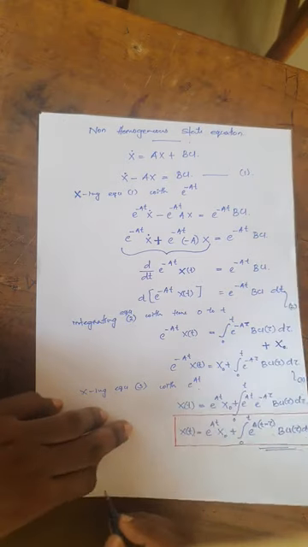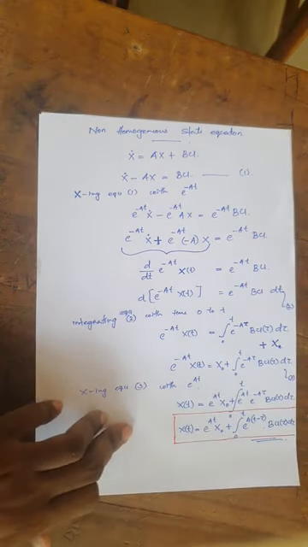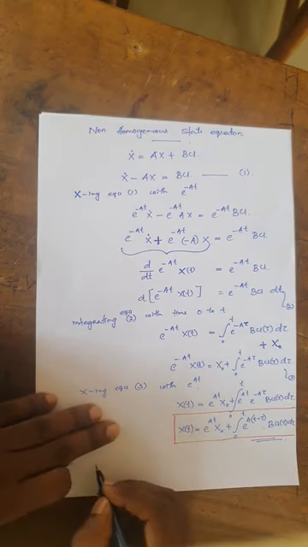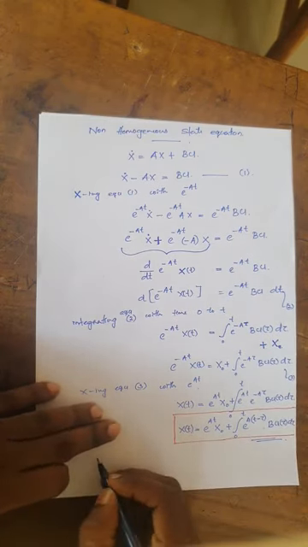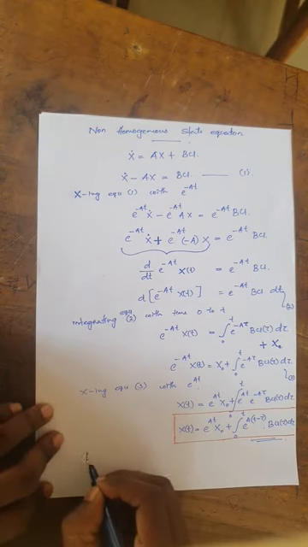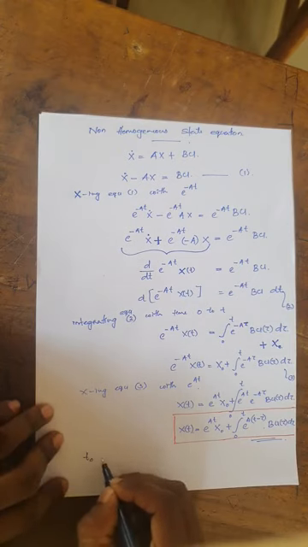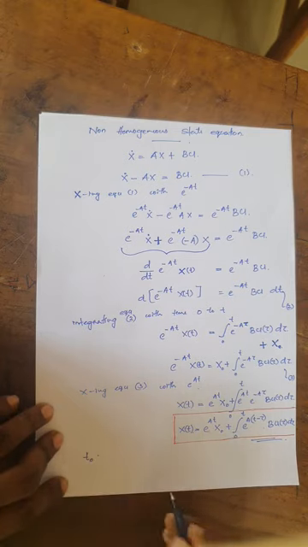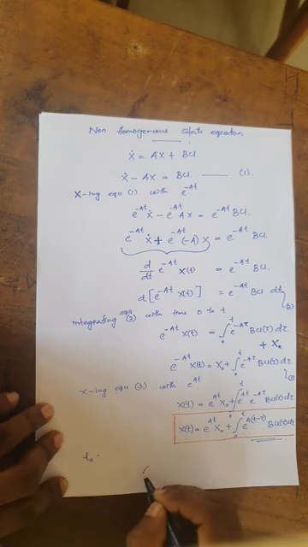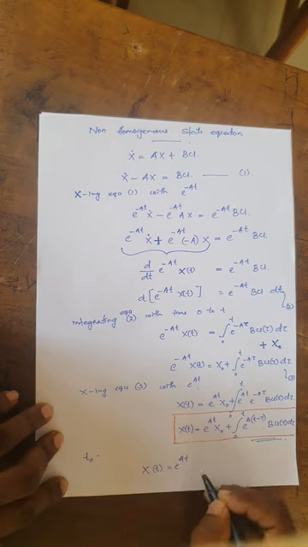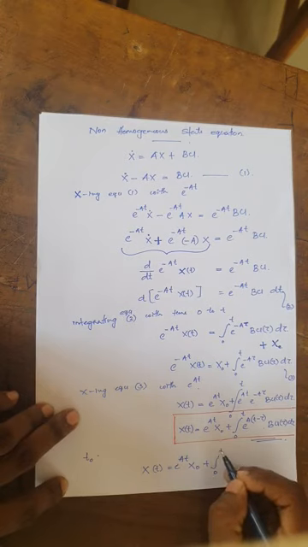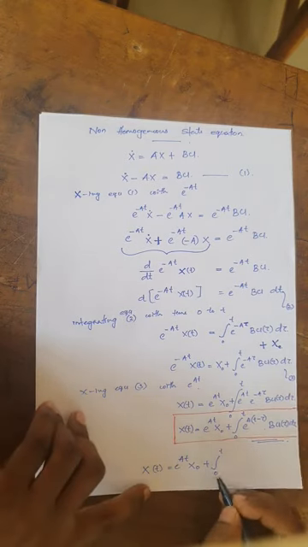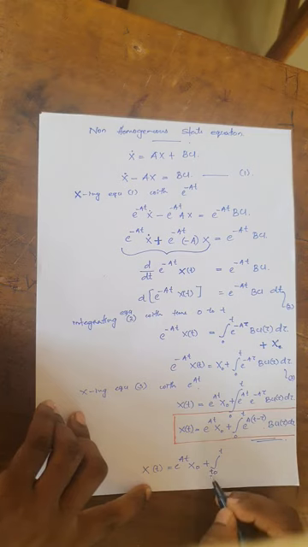And also, if we know the initial time, in place of 0 the initial time will be t0, the equation will become x of t is equal to e raised to a t x0 plus integral, in place of 0 to t, the integral limit will be t0 to t.